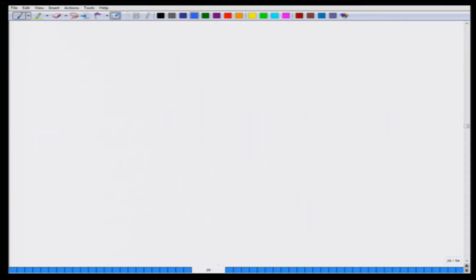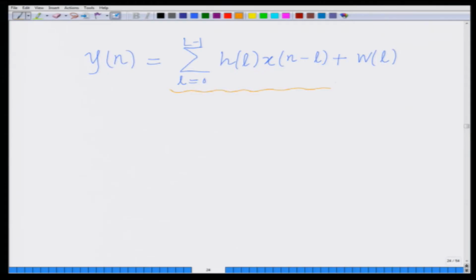This can be succinctly represented in the summation form as yn equals summation l equal to 0 to capital L minus 1 h of l x of n minus l plus w of n, and we are saying that this summation, which depends on xn, xn minus 1 onto xn minus L plus 1, represents inter-symbol interference, or basically ISI, right.